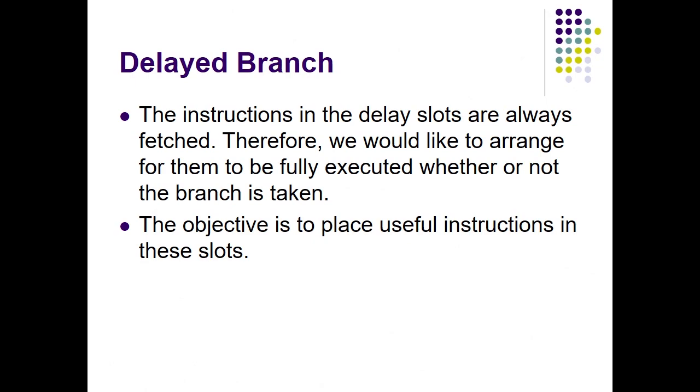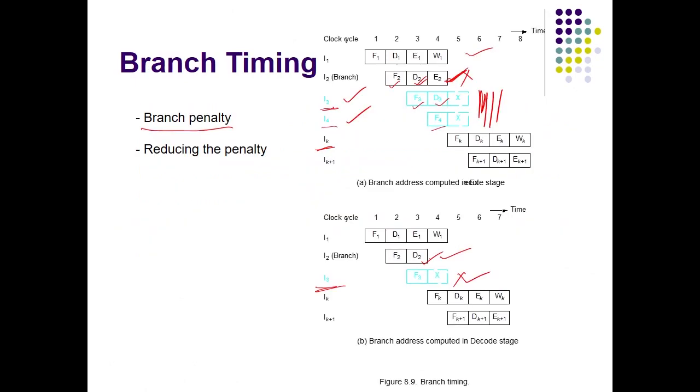So what is happening is this is a branch instruction, and the instruction after it is always getting fetched. What we can do here is put some useful instruction in the I3 slot, which we may not need to discard.